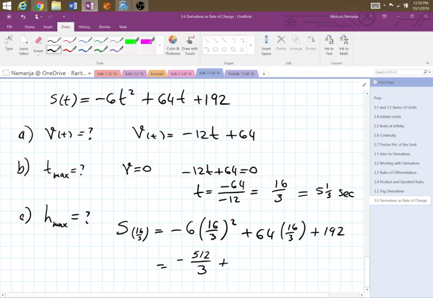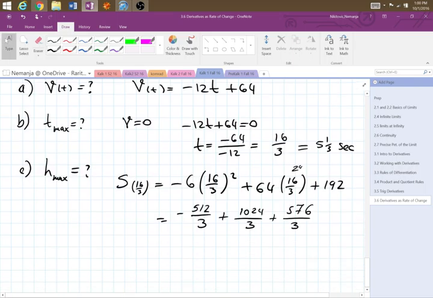Plus, now we have to multiply 64 by 16. 16 is 2 to the 4th. So 64, 128, 256, 512, and then 1024 over 3, plus 192, and we also make this one over 3. So multiply everything by 3, that's going to be a 576.